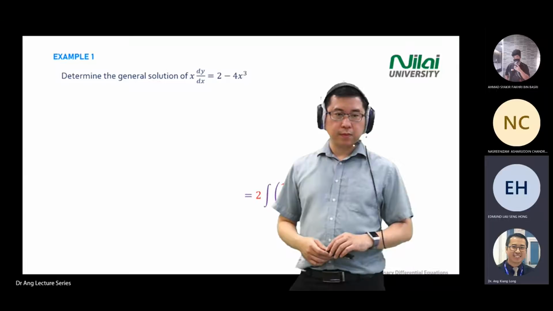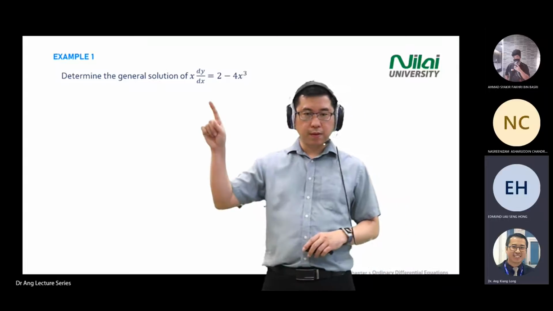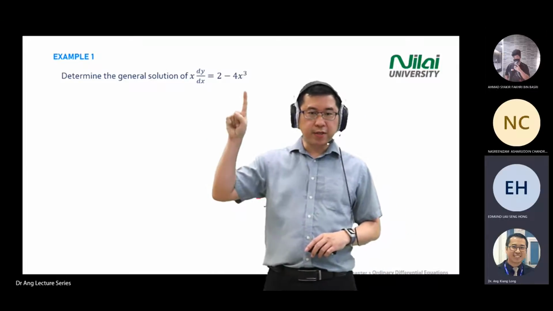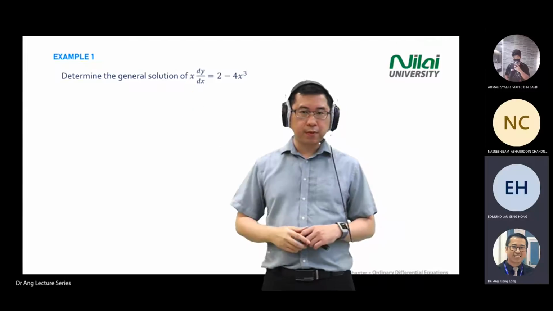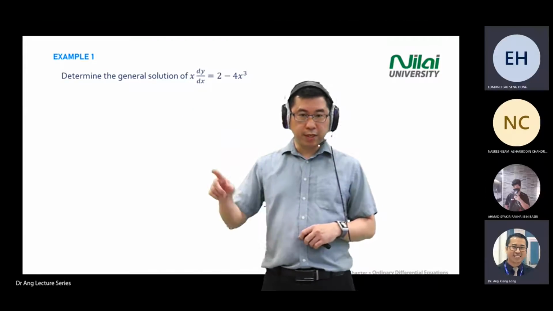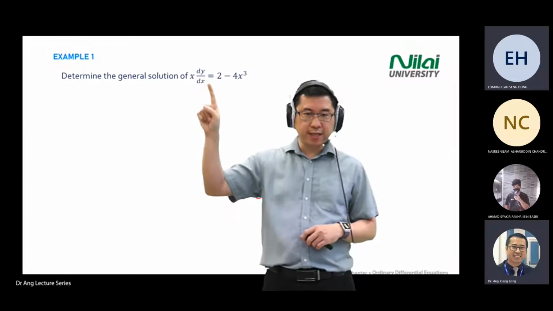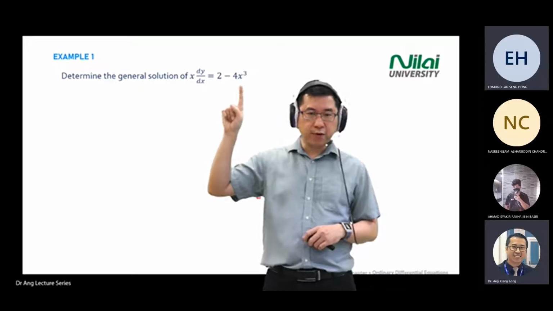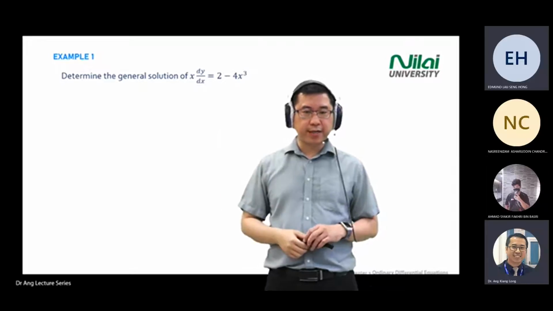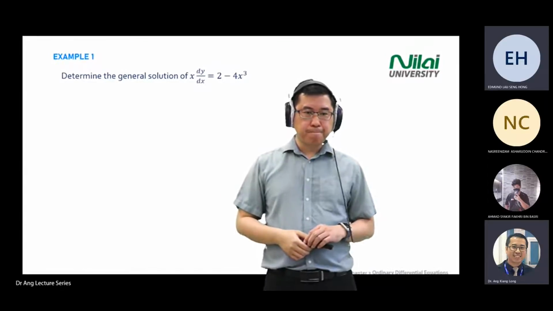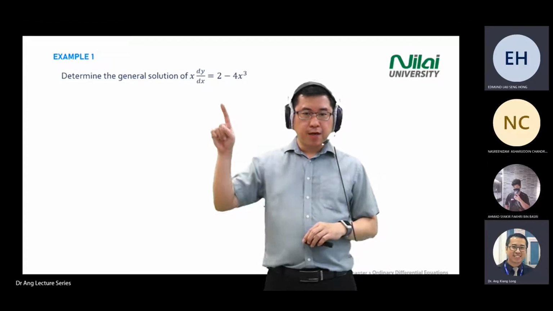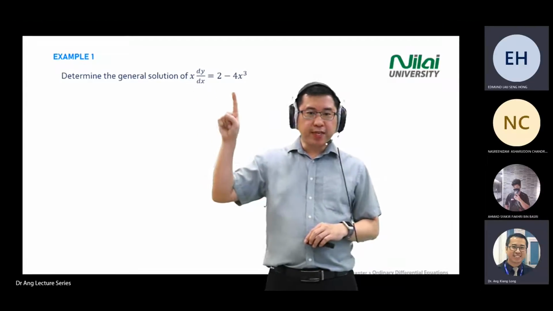No, sir. You understand this is one equation, right, Edmund? Yes, it's one equation. You understand this equation is x multiplied by dy dx equal to 2 minus 4x squared, right? Yes, sir.